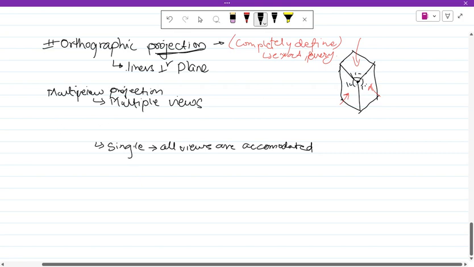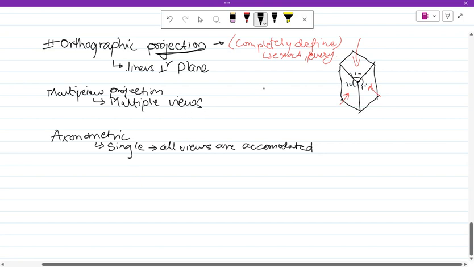If I look at the single view, this is known as axonometric projection. Let's talk about the axonometric projection first.